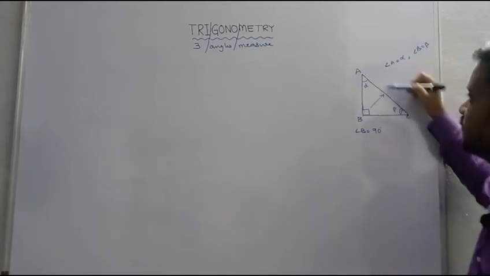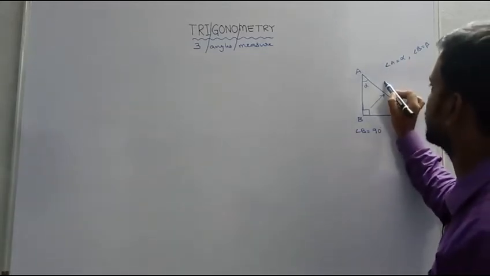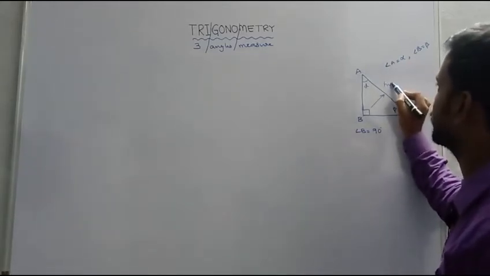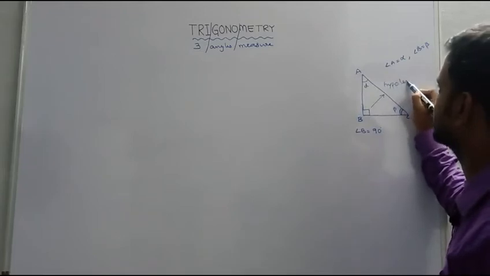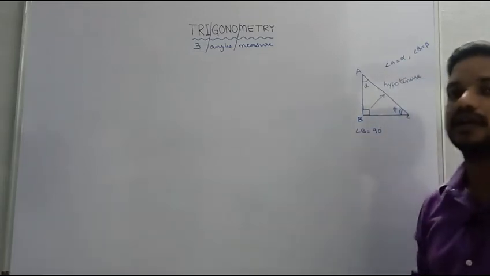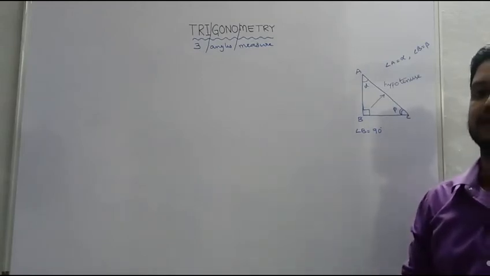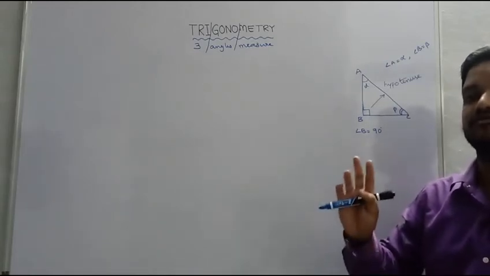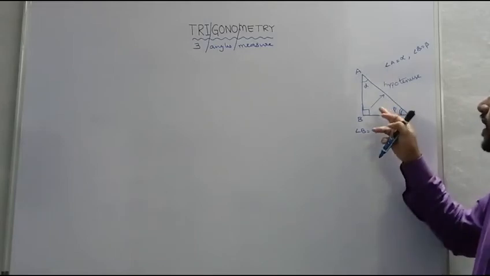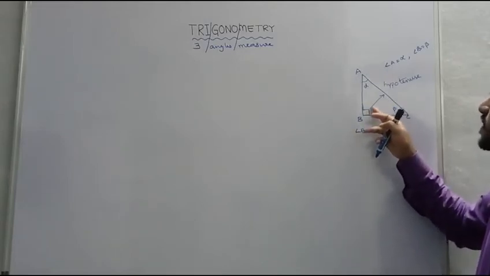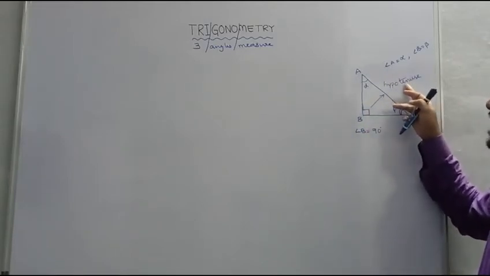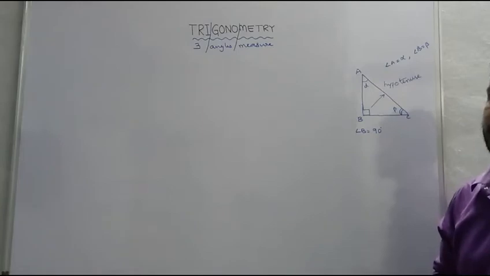AC. So this AC is called the hypotenuse. In a right angle triangle, the side which is opposite to 90 degrees is called the hypotenuse.